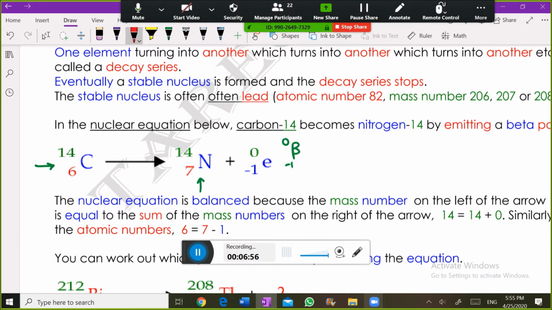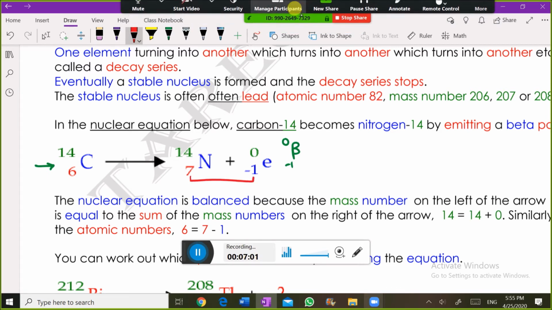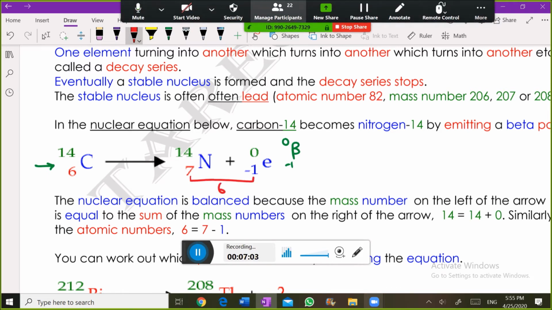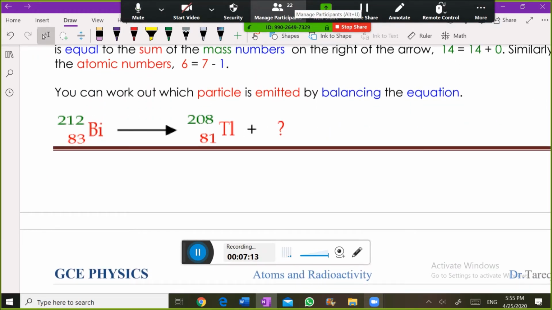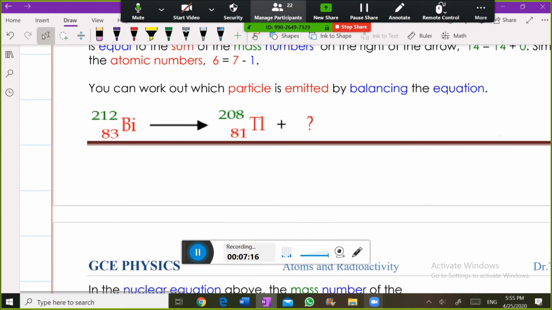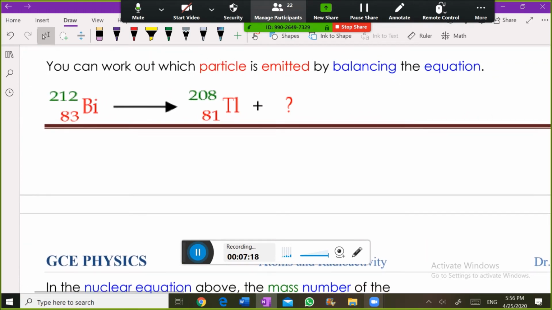And here, 7 minus 1 is 6, which is equivalent to the atomic number before. Here 14 plus 0 is 14, which is equivalent to the mass number before the nuclear reaction. We might be given a question like this, guys, and we are asked to predict the particle that will be emitted after this decay.